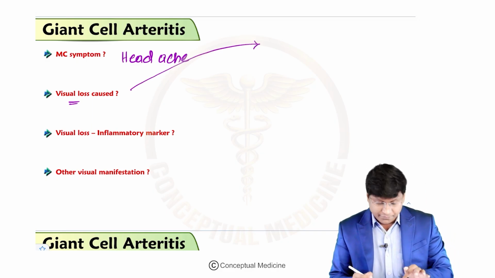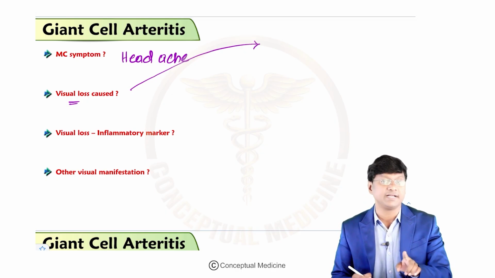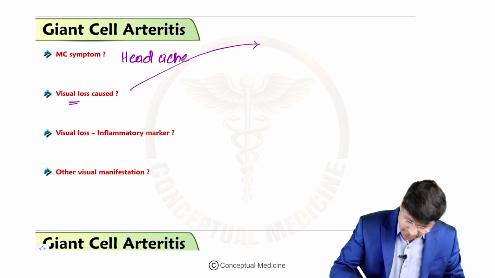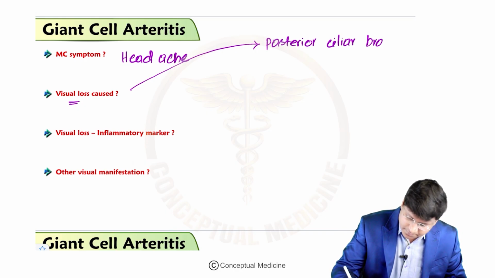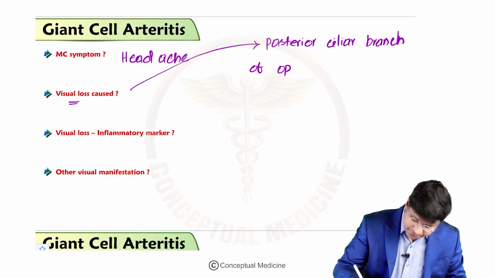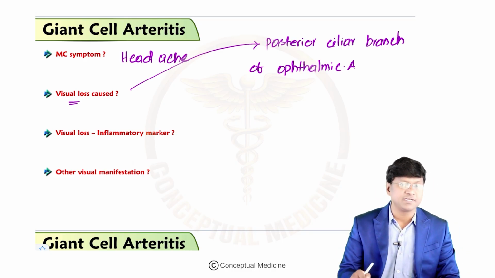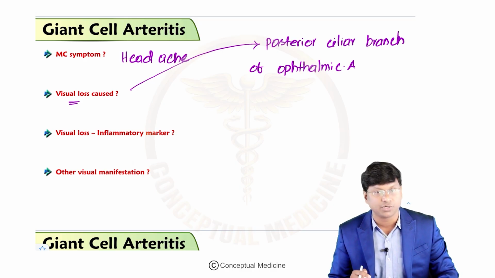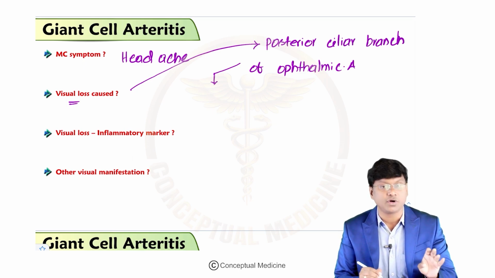Visual loss is usually caused by occlusion of the posterior ciliary branch of the ophthalmic artery. Because of the involvement of this vessel, visual loss develops, and we call it anterior ischemic optic neuropathy.